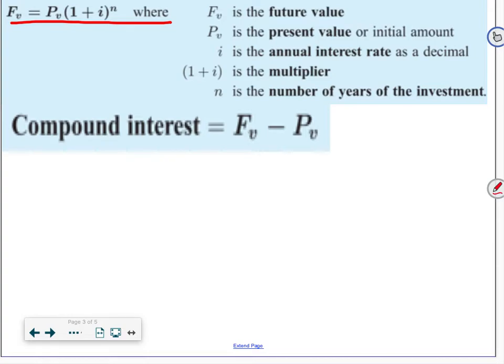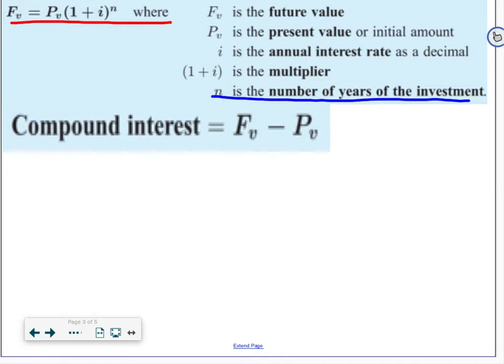Since we're multiplying repeatedly by our interest rate, we do 1 plus because we're preserving that 100% of our value and adding our i. Because that's repeated and multiplied through the years, repeated multiplication is represented by exponents, where n is the number of years in the investment. This equation works when we're compounded annually.